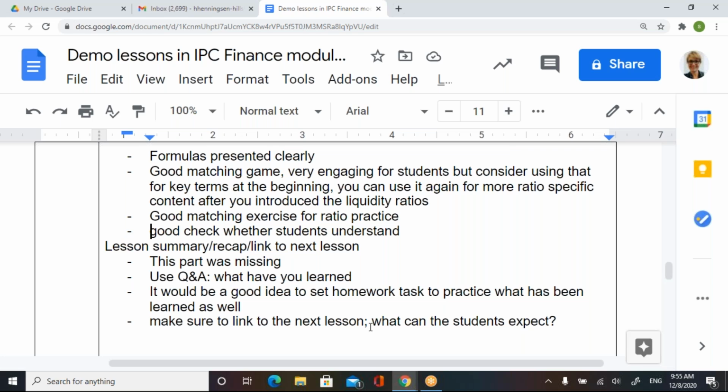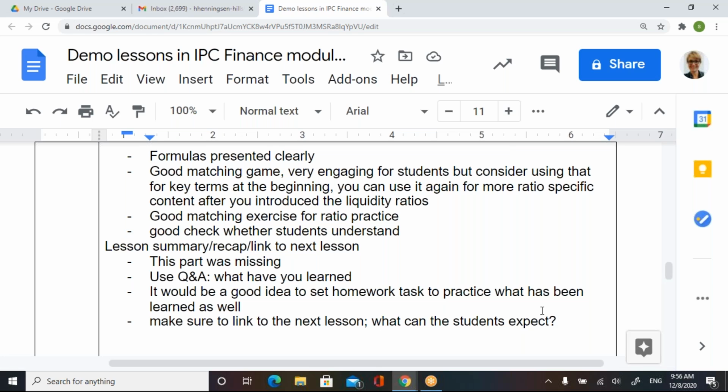So where they have both types of ratios, liquidity and profitability, and they are given numbers, and they have to now interpret whether a business, or evaluate whether a business has done better in the second year compared to the first. So you can announce in the next lesson, we're going to be looking at evaluating.